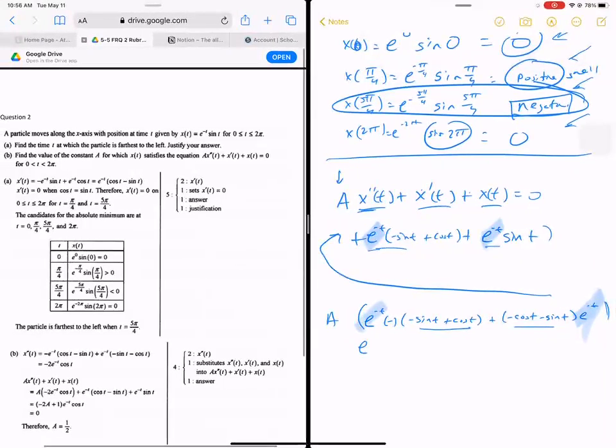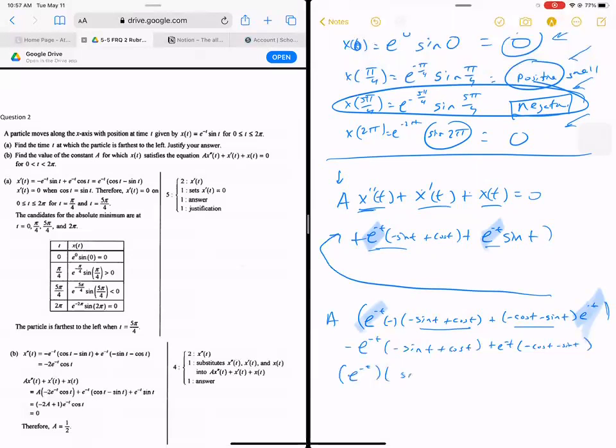So this is negative t, negative sine of t plus cosine of t, plus e to the t times (negative cosine t minus sine of t). I'm going to pull out the e to the negative t.